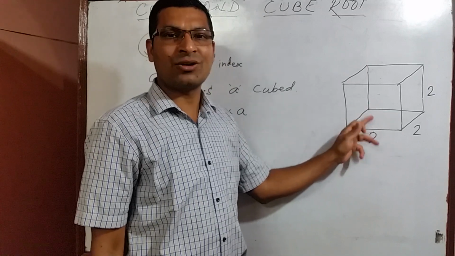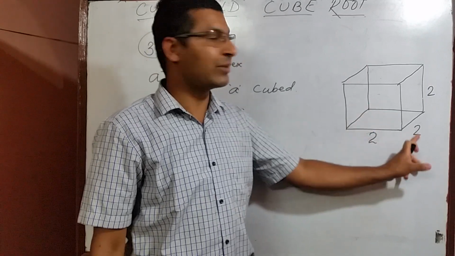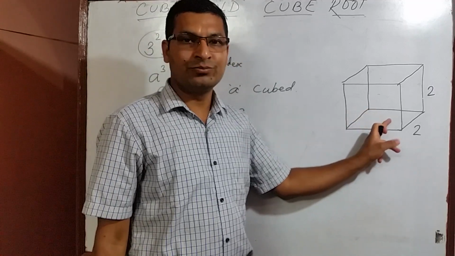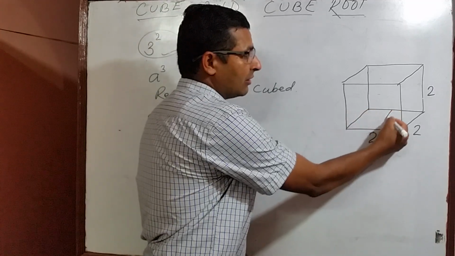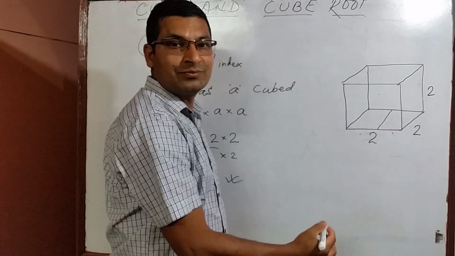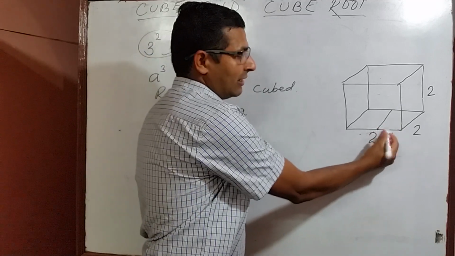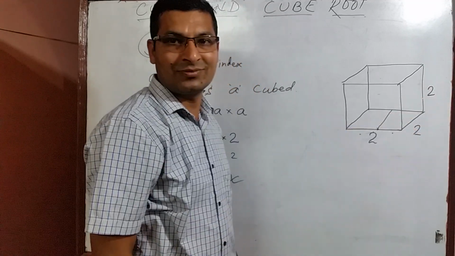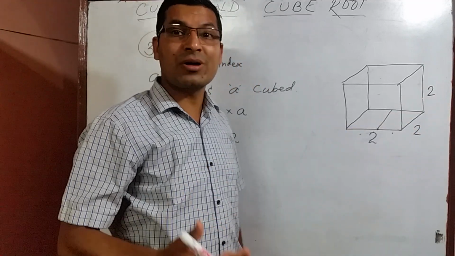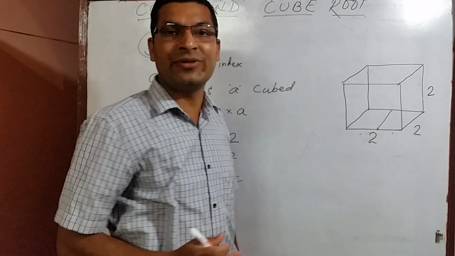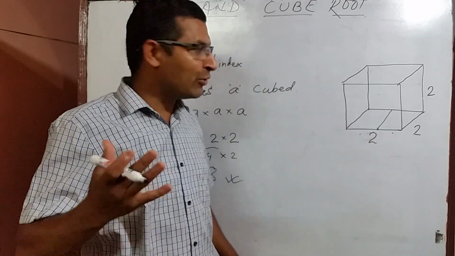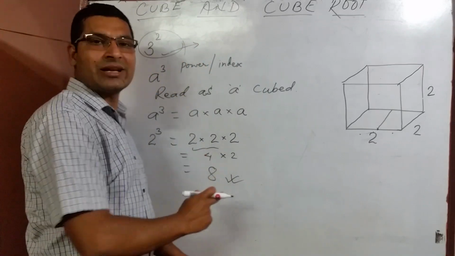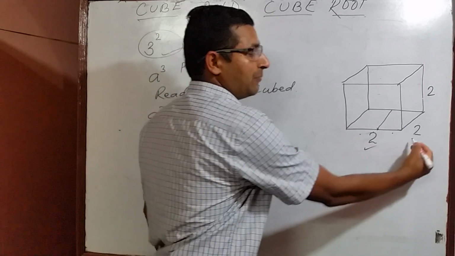The solid figure is called a cube if the length, breadth and height are equal. And in such a cube, suppose there are 2 blocks along each of the length, breadth and height, then what will be the actual number of blocks in this solid figure? Yes, if we count it, we get the same result, 8, and it is obtained by multiplying the length, breadth and height.